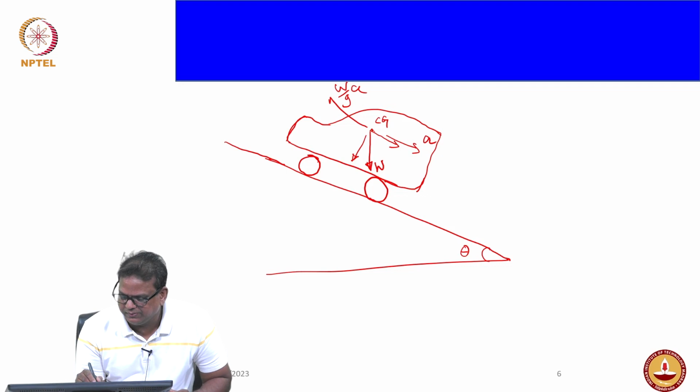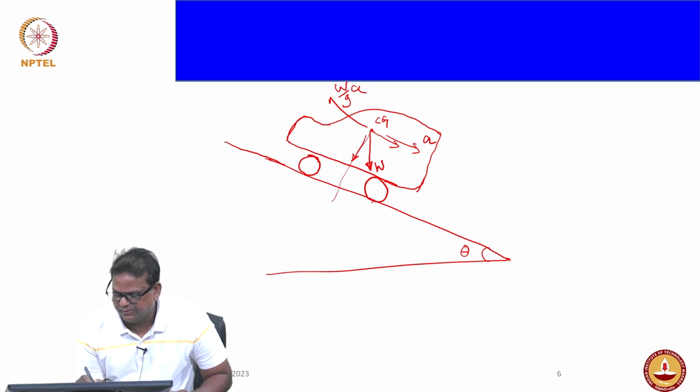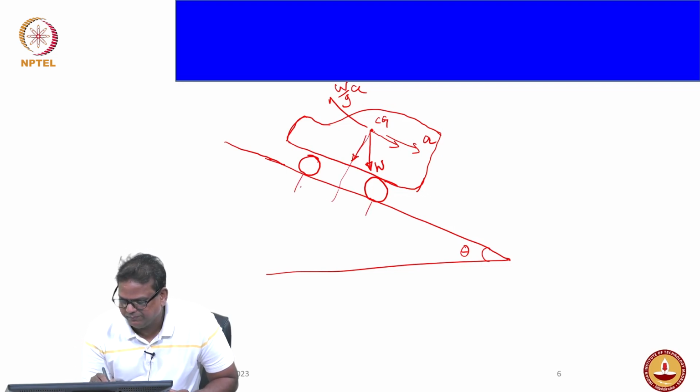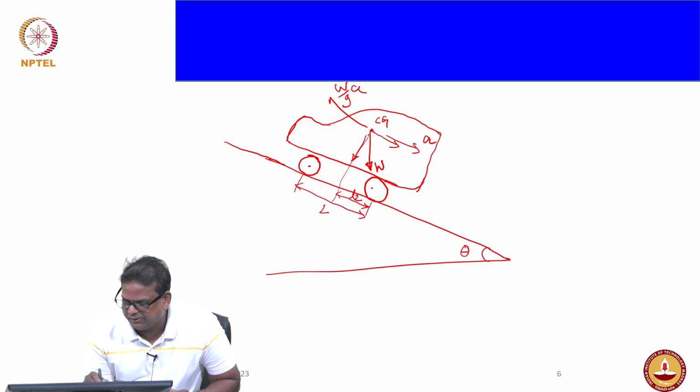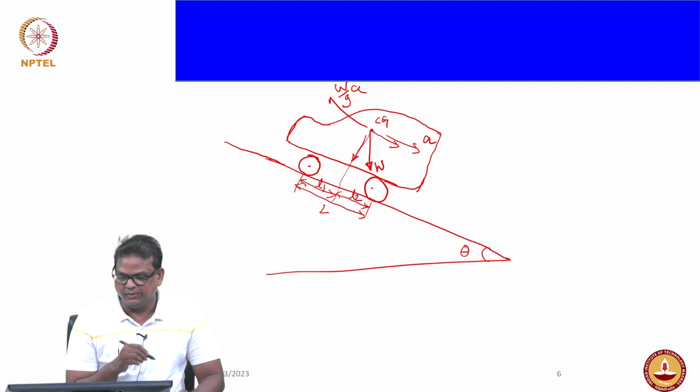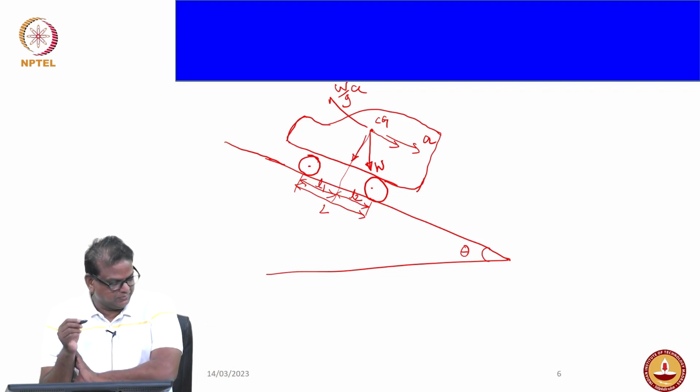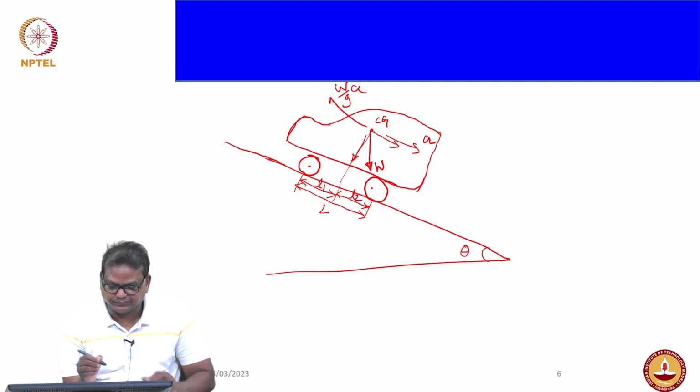So from here, if you draw like this, this would be your wheelbase L. From center of gravity to rear axle is L2. From center of gravity to front axle is L1.